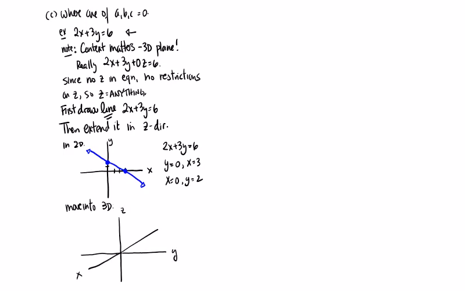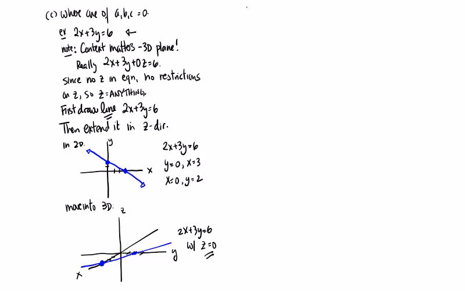Look at the way it works. We've got 3 units in the x direction and 2 units in the y direction, so we've got a point right here and a point right here. Those are the 2 points that we drew up on the picture above. And then we've got our line, which goes like this. This guy that we just drew is 2x plus 3y equals 6 with z being 0.